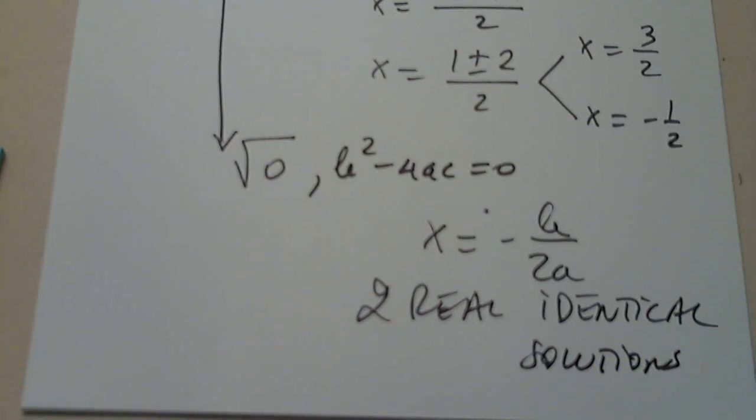Because there is no plus or minus, I don't have a second one, but I know that it's quadratic. We have to get two solutions. It's a must. You can say one real solution, or you can say two real identical solutions, same thing.